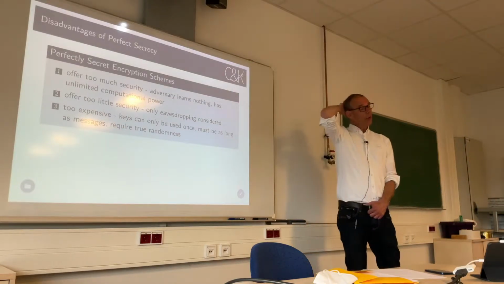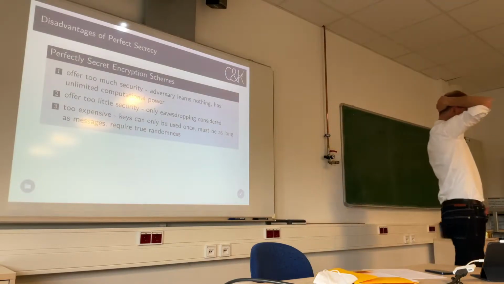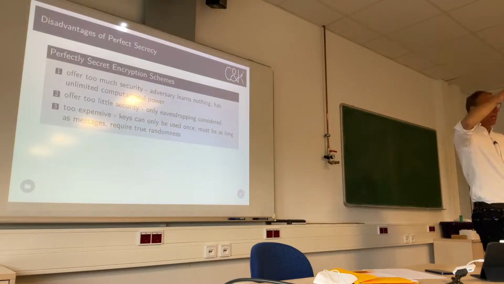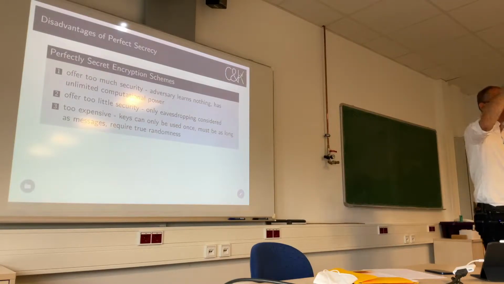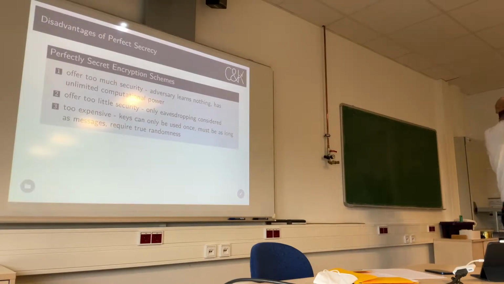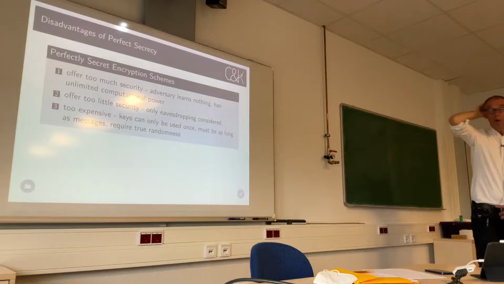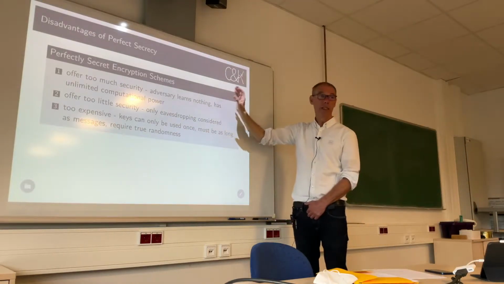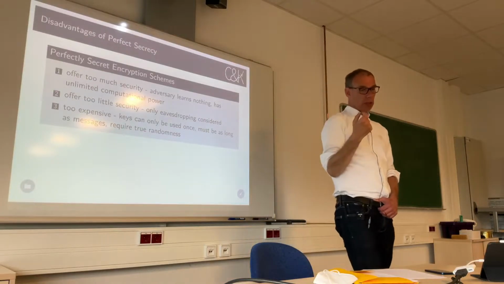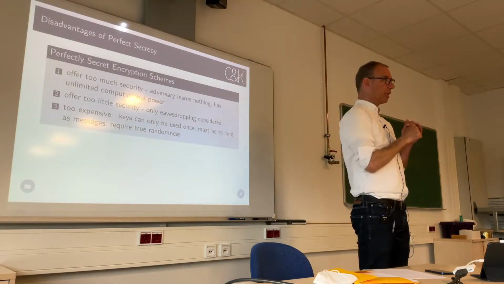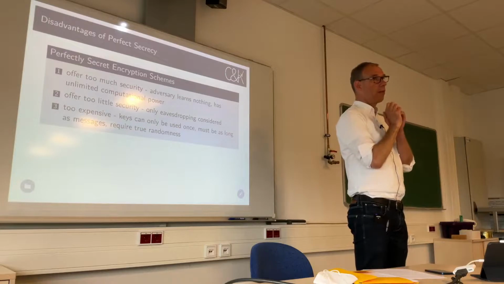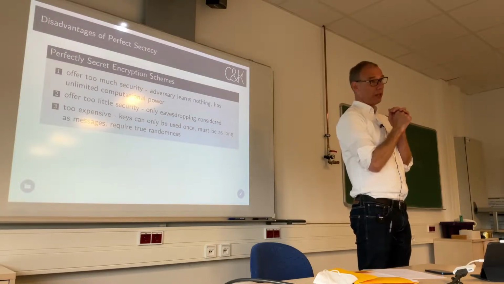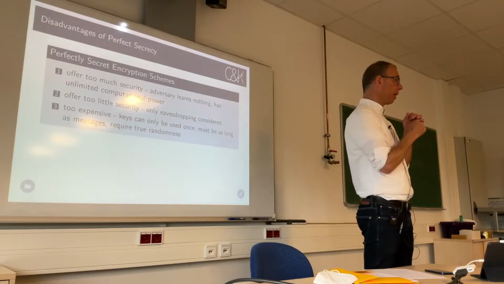So why can we relax perfect secrecy? If we can relax it, it must do something that's too much, right? Or consider things that are too powerful. And it offers too much security in two senses. First, the adversary learns absolutely nothing about the message given the ciphertext.